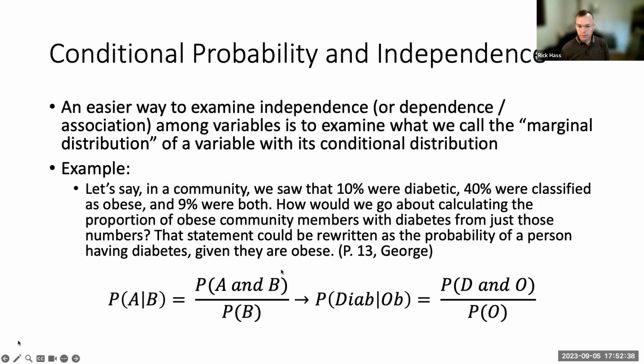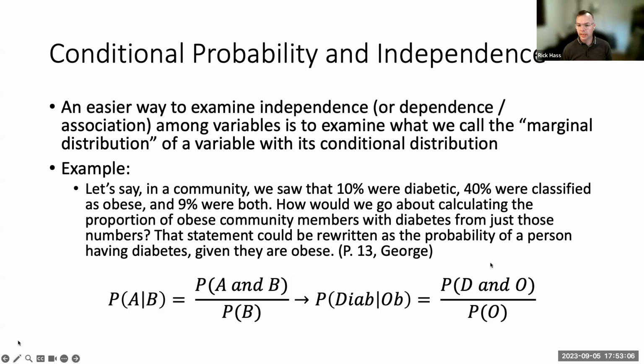So in a simple form, we answer this question like this. In a contingency table, you would look at just the column or row that had folks that were obese in it. Then from that row, you would count up the proportion of those obese folks that have diabetes.